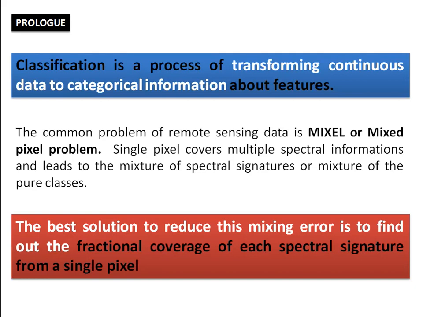Suppose for 8 bit imagery, the pixel value of a vegetative coverage is 6, say in the green band. If you see this pixel in a 16-bit image, then the value 6 will be increased to 1642, or in the case of 4-bit data, the pixel value will be decreased to 1 or 2, etc. So this is the basic concept about the pixel values as per the radiometric resolution of any image.